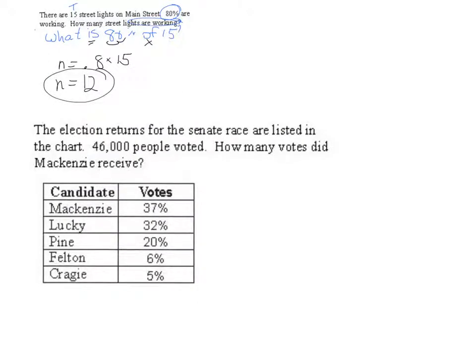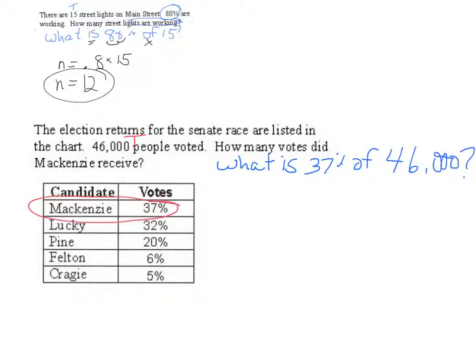The election returns for the Senate race are listed in the chart. 46,000 people voted, so that is our total. How many votes did McKinsey receive? So out of this entire chart, all I care about is McKinsey, and they got 37% of the vote. So I want to find what is 37% of 46,000.